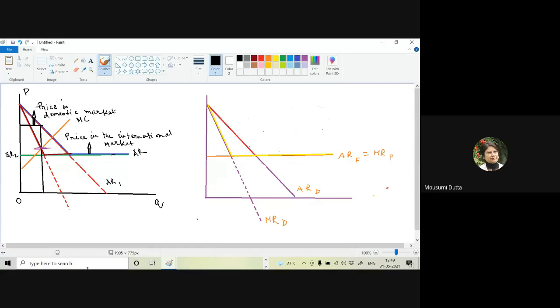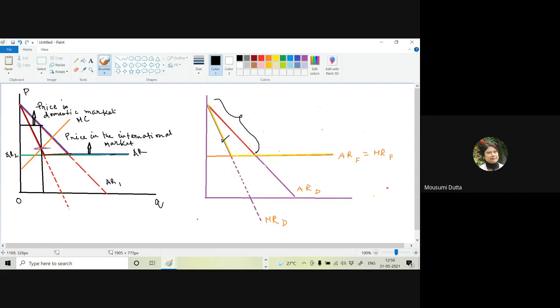Okay. Ma'am, can you tell me what is the yellow line? The yellow line is the marginal revenue curve corresponding to the new aggregate demand curve. As long as we are following this part of the demand, that is, as long as we are following this part of the average revenue, the corresponding marginal revenue will be given by this.